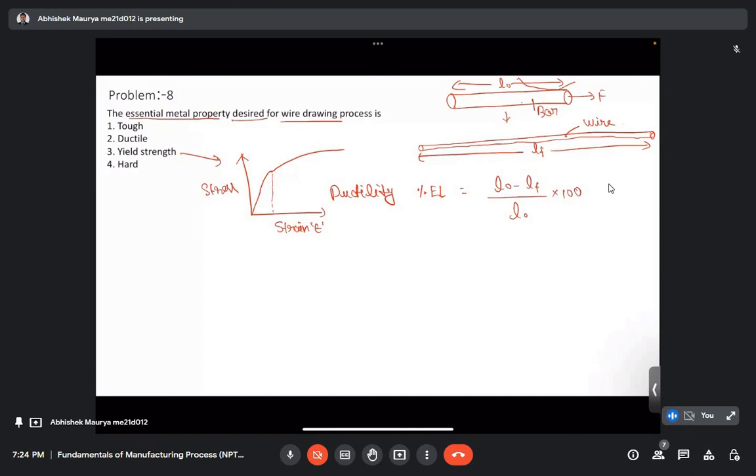So when we try to apply force on the material, it will deform elastically, which means it will recover its shape after removing the load. So this is the elastic deformation region.